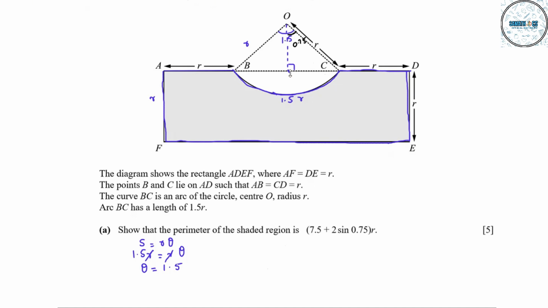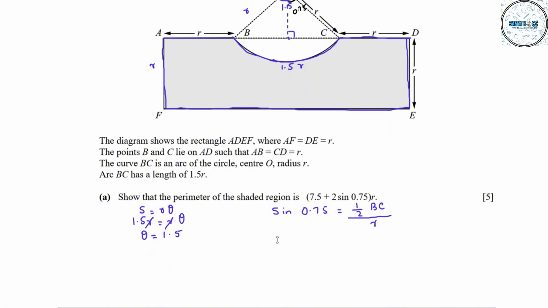So we can apply here sine 0.75 is equal to opposite upon hypotenuse. So opposite is half BC, which we have to take out, and hypotenuse is radius.